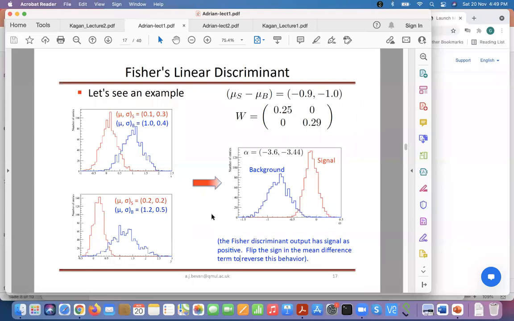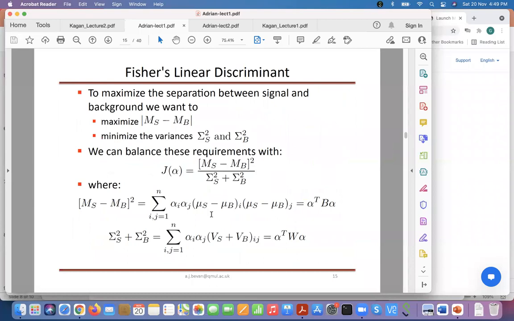We also take care that the width should be narrow. So if you look at this expression, just look at this J alpha. You want to maximize J alpha with respect to alpha. Maximum means the numerator of your ratio should be as large as possible, right? And the denominator should be as small as possible.